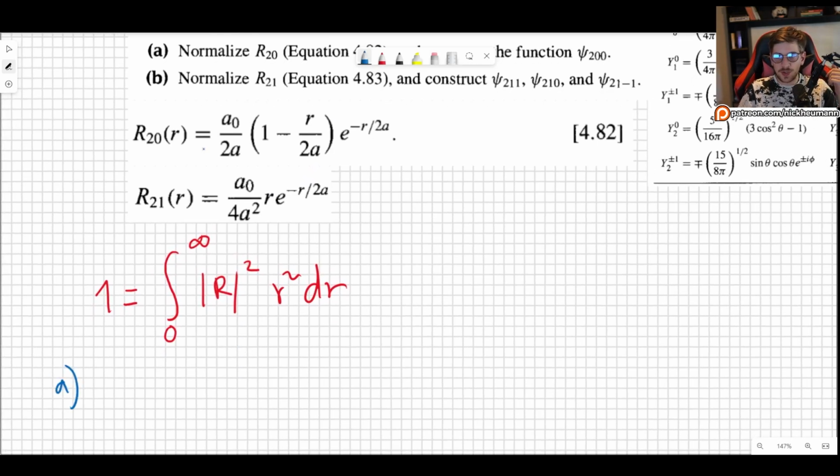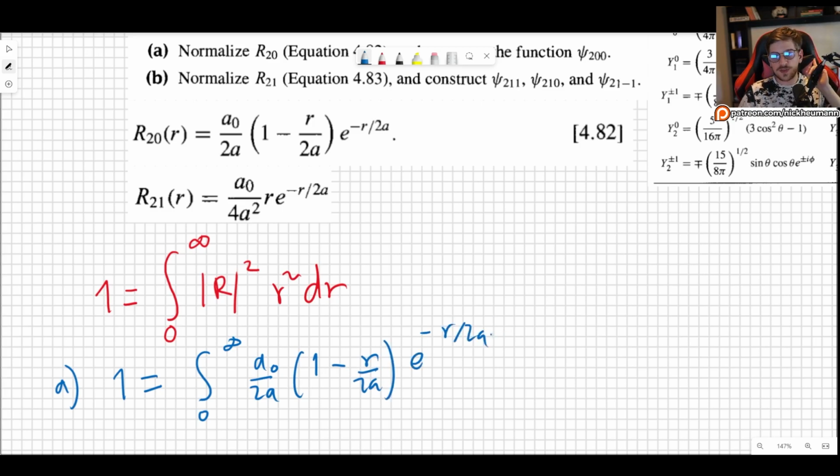So in part A, we plug in R20. So 1 is supposed to be the integral from 0 to infinity of a0 over 2a, 1 minus r over 2a, e to the minus r over 2a, and all of this squared. And of course, we still have this r squared from there.